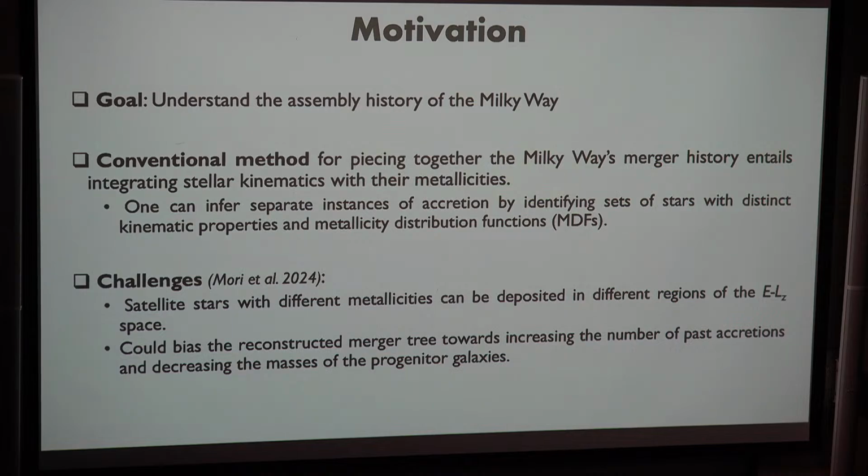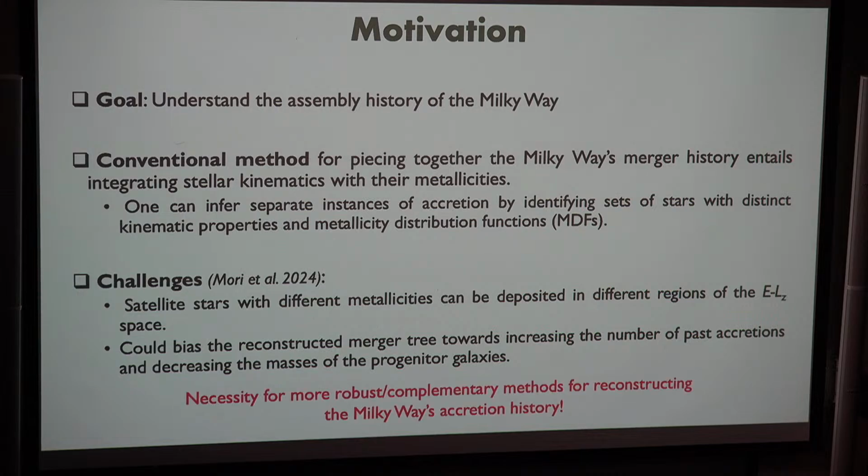There could be a bias towards overestimating the number of past accretion scenarios and underestimating the mass of the progenitor galaxy. So this shows the importance of more robust or at least complementary approaches for distinguishing between various accretion scenarios, so that we can reconstruct the merger history of the Milky Way more accurately.